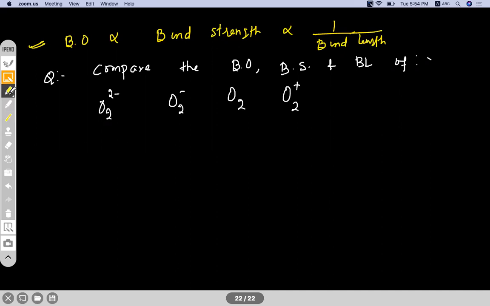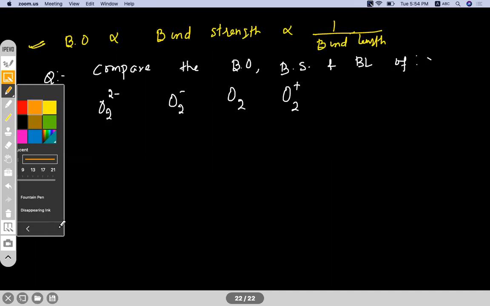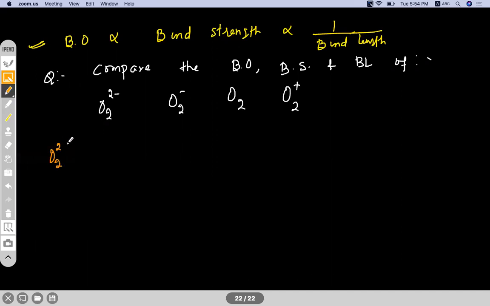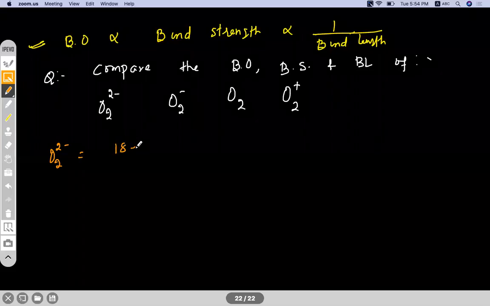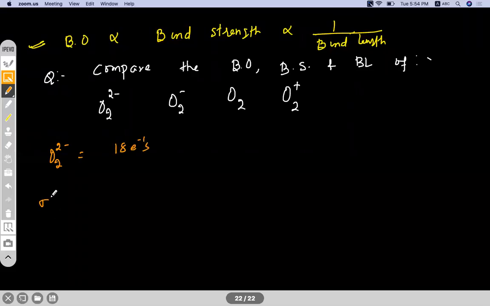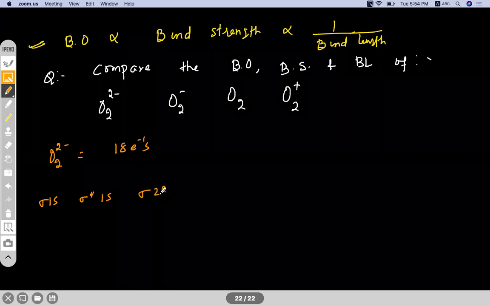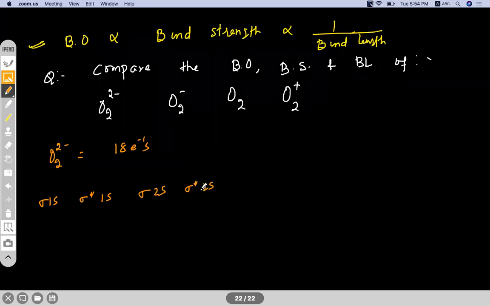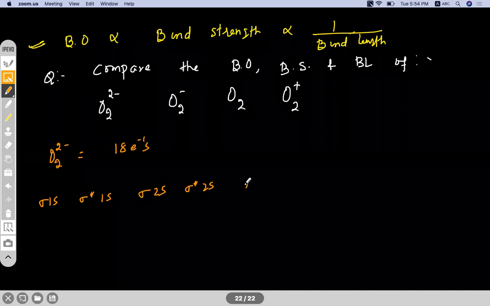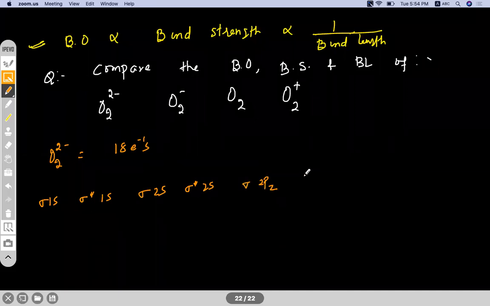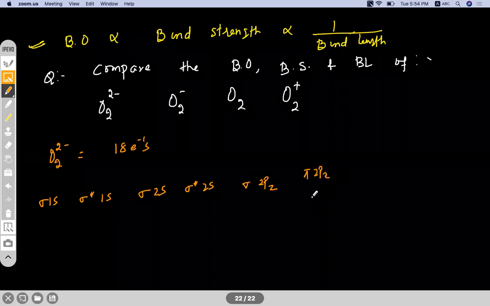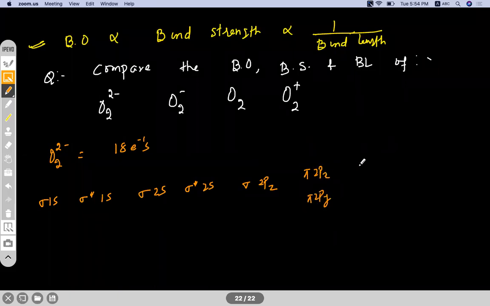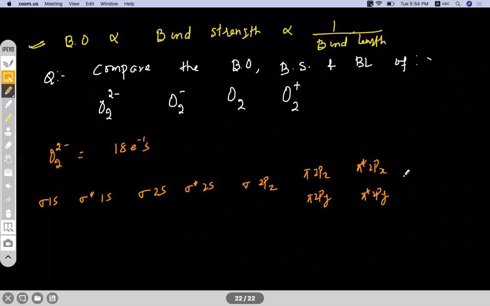So I'll do this for the first one. See, O2 2 minus has 18 electrons. So the order is sigma 1s, sigma star 1s, sigma 2s, sigma star 2s, sigma 2pz, pi 2px, pi 2py, pi star 2px, pi star 2py, and sigma star 2pz.